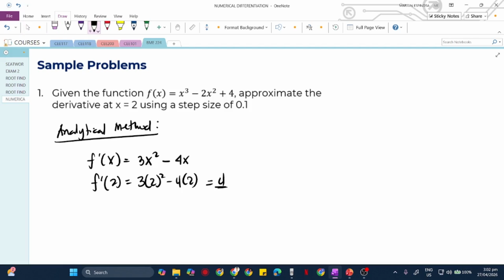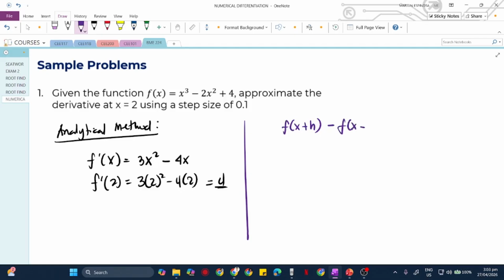Numerical method. So, with numerical differentiation, again you can use forward, backward, pero for me, ang gagamitin ko is yung central kasi mas accurate yung central. So, siguro, we'll be using na lang central. Okay? Central difference approximation. So, that is f of x plus yung step size natin, okay?